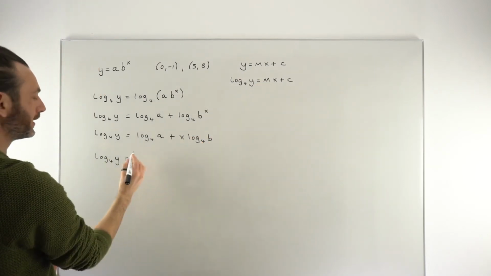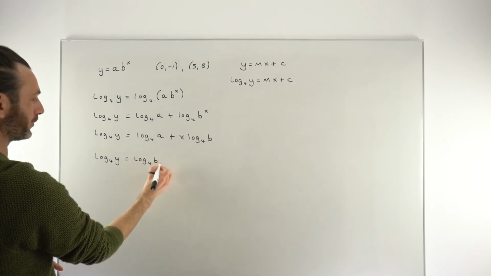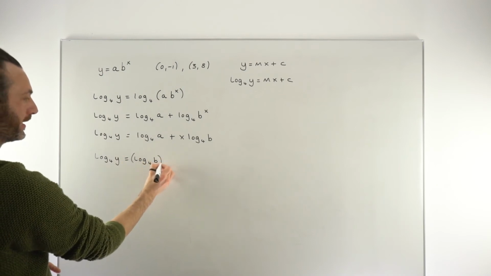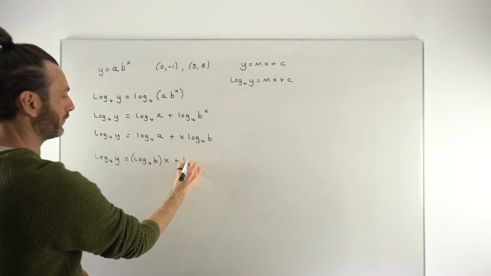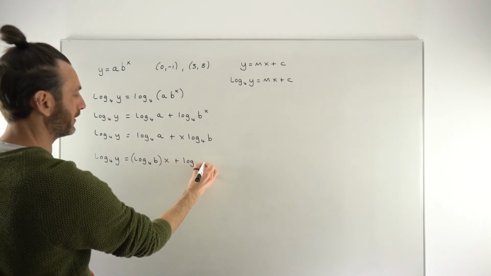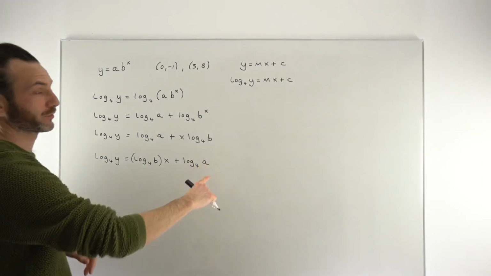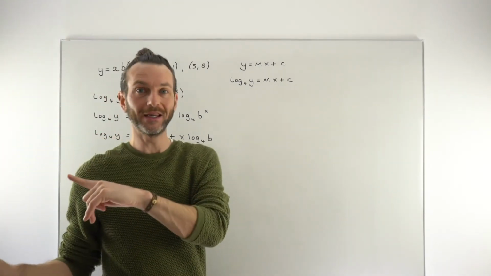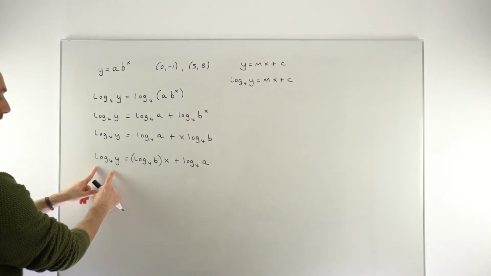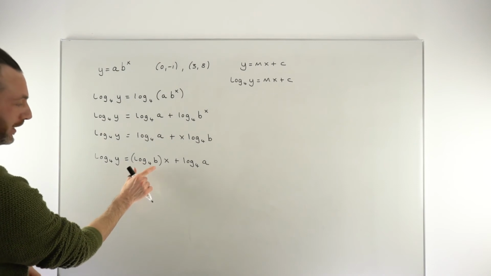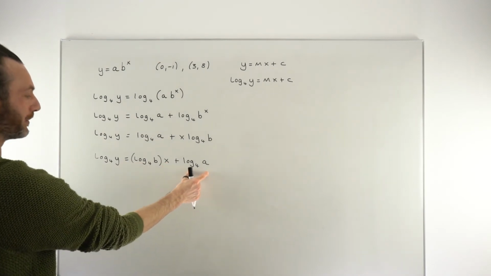So log to base 4 of b goes in a little bracket in front of the x, and then we're going to put the term log to base 4 of a onto the end. So this now looks like the equation of a straight line for this graph with the weird log vertical axis: the vertical axis equals m, the gradient, times x plus c, the y intercept.